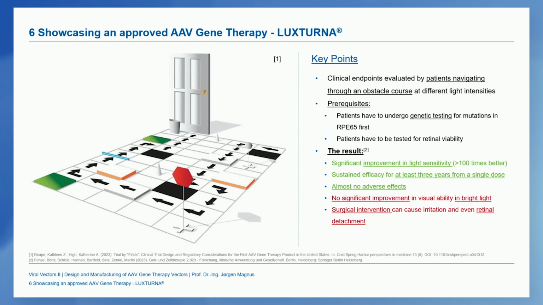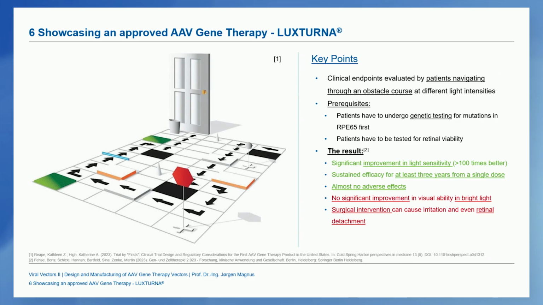Finally, just an interesting insight into how this was developed and how they set the endpoints of the clinical development. You could, of course, ask patients to read letters that become increasingly smaller, just like you do at the opticians, and check how small letters you can read and what the difference is after the treatment and before the treatment.